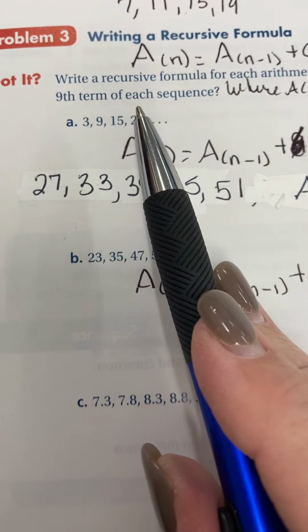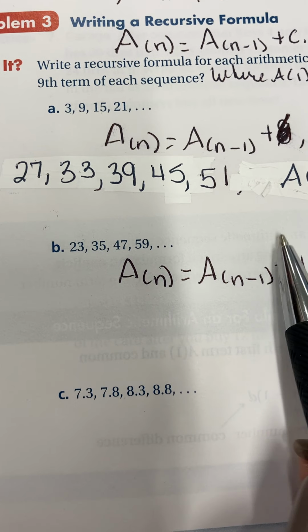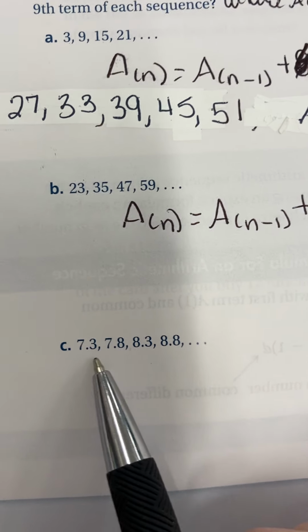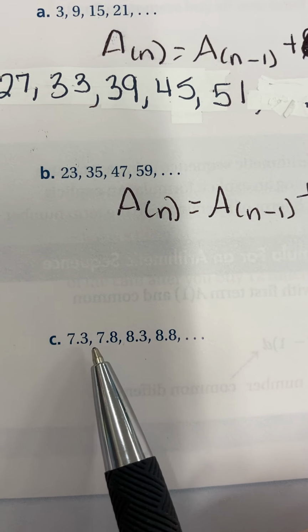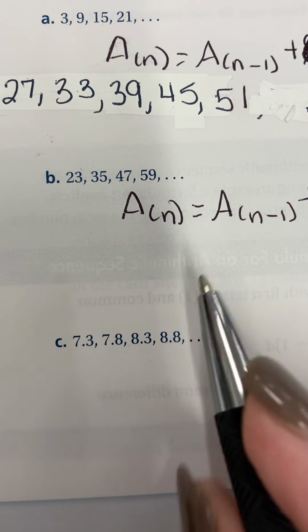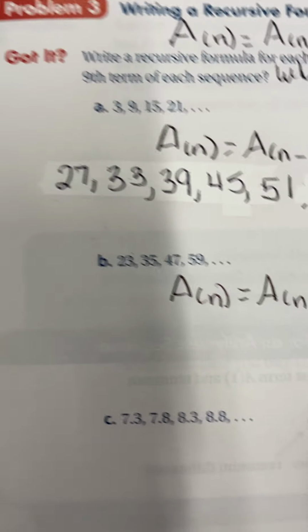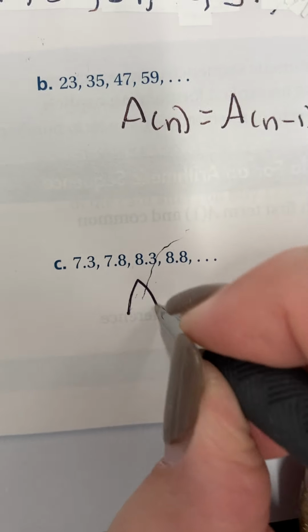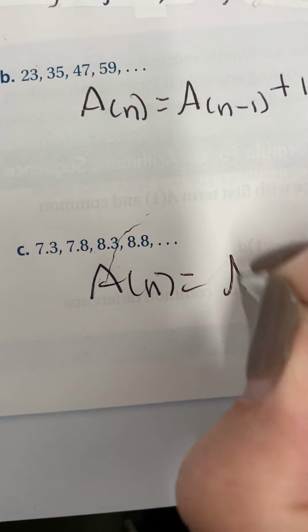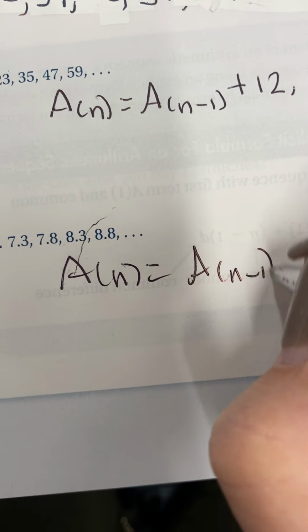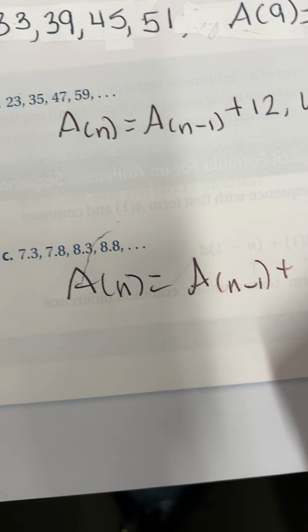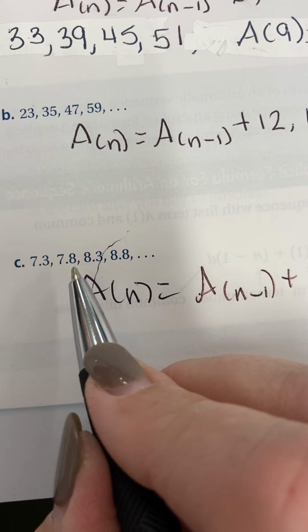Okay, and then to get to the 9th term, we would sit here and keep adding 12 until we get to the 9th term. Next, it looks like here we're adding 5/10. So your arithmetic sequence would be a sub n: take the term before it, and you're adding 5/10 to it to get there.